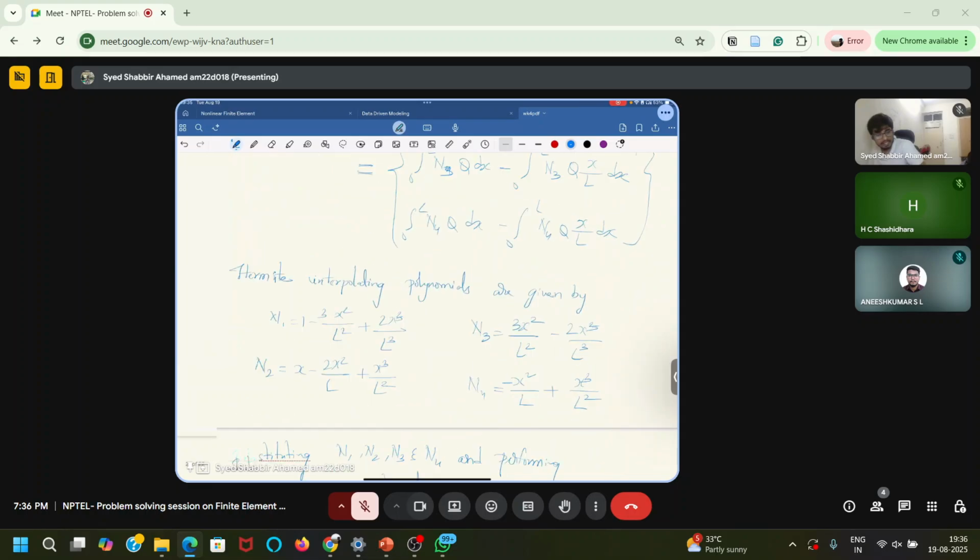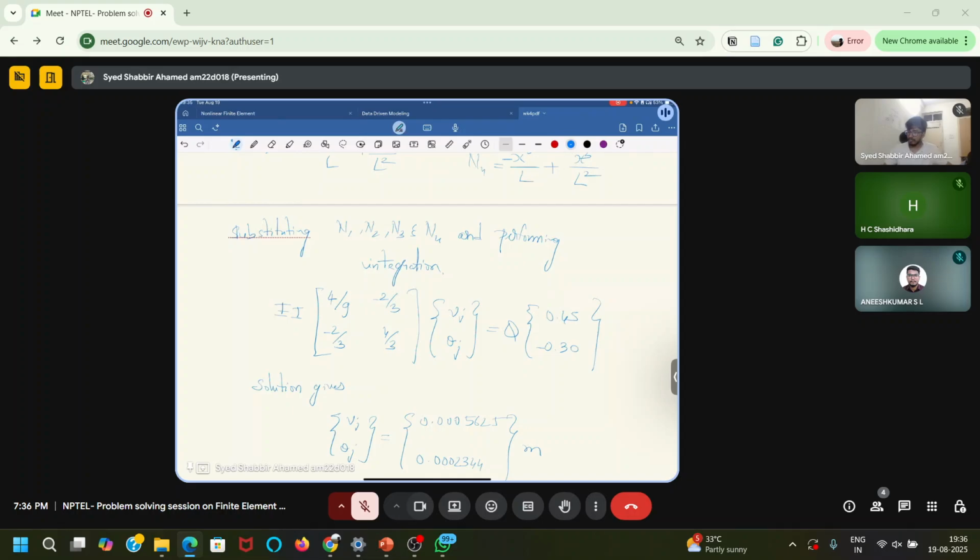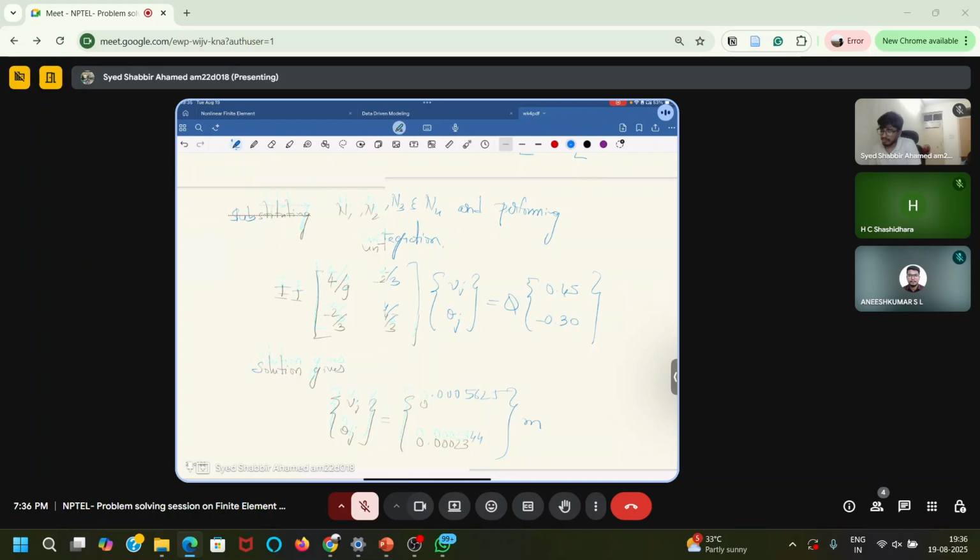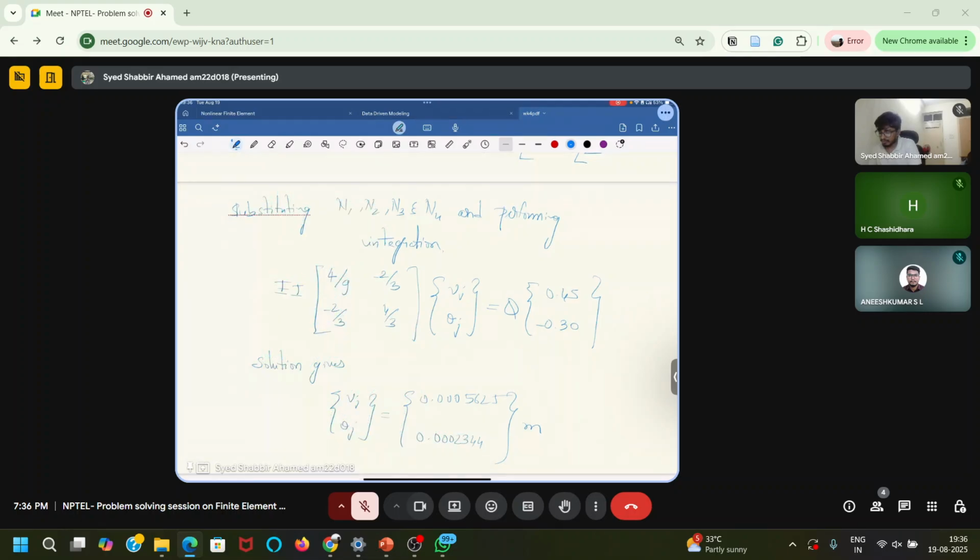So I am making this into an algebraic equation solving problem. The entire problem of solving the differential equation has been converted into solving algebraic equations.